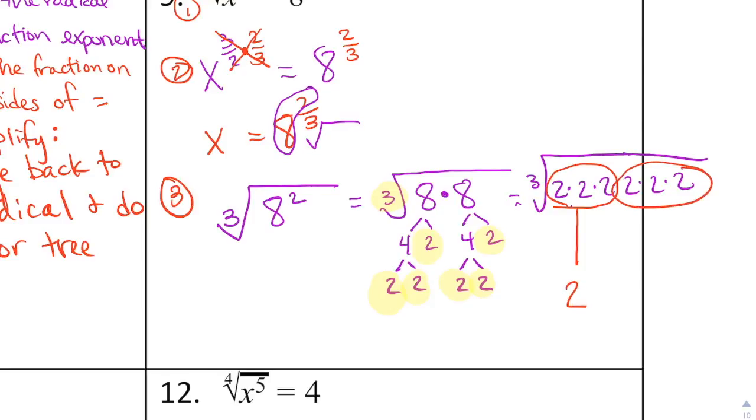Oh, I have another group of 3. So those can be represented by another 2 coming out. And anything I bring out, I multiply. So my final answer goes back to x, right? X equals 2 times 2 is 4. So my final answer after all of that is 4.